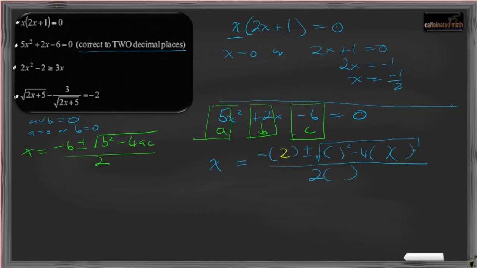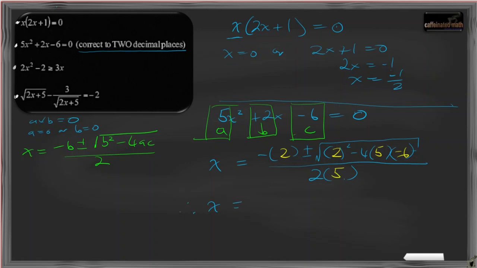So let's have a look. b is just 2, and then a is 5, c is negative 6, and a, of course, its value isn't going to change.